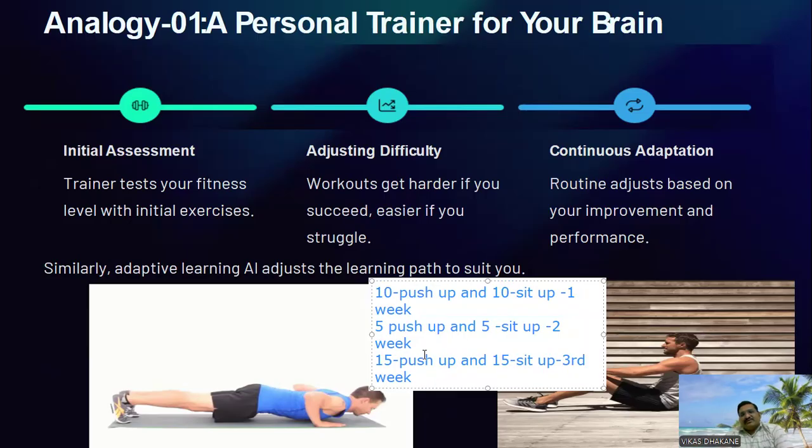Okay, so you can see here, as per the response from the learner, the system makes the changes. The system here, in this example, is nothing but the gym instructor.